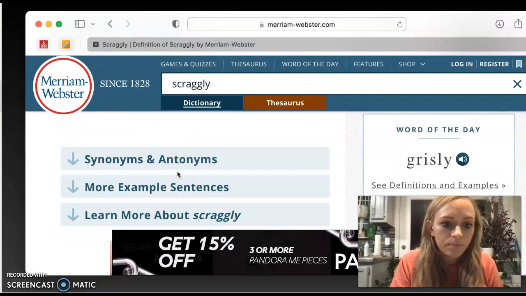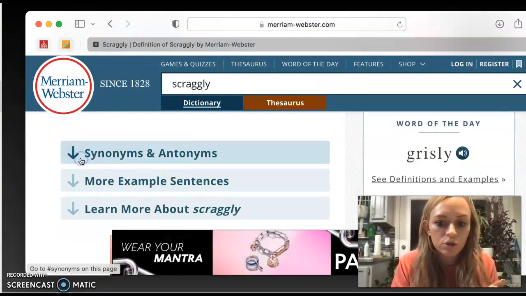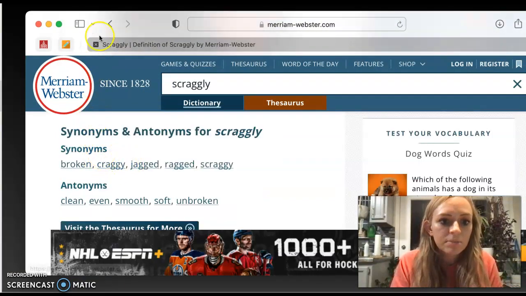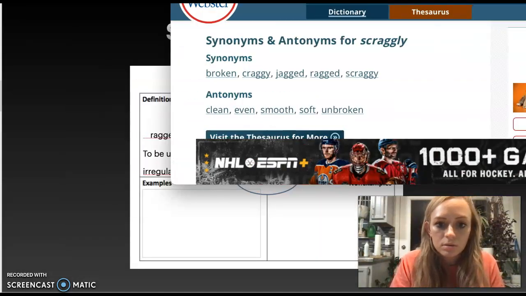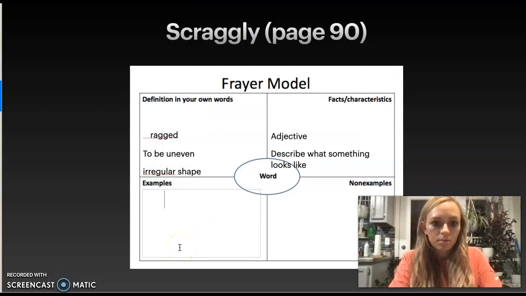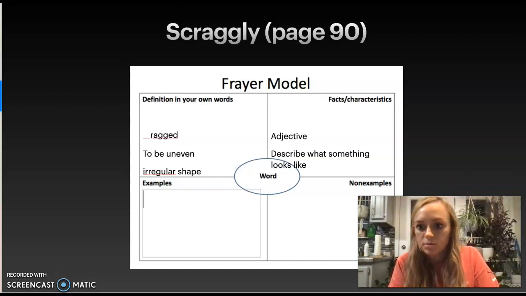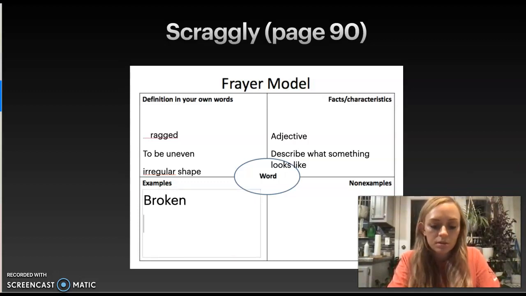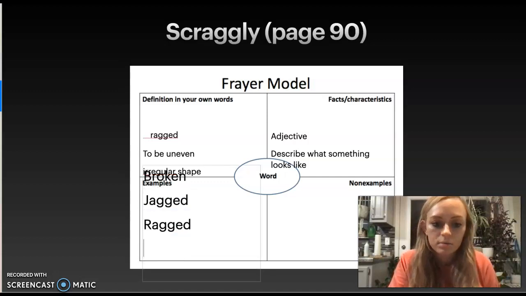Okay, so synonyms and antonyms. Some synonyms: broken, jagged, ragged.